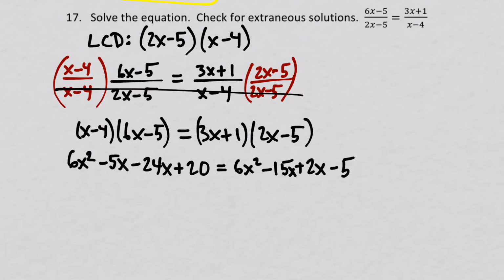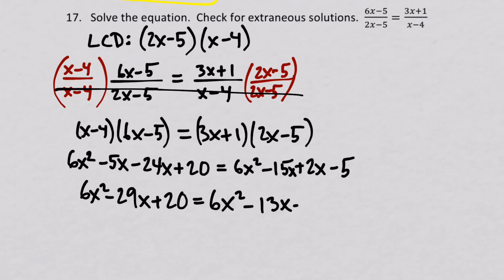What's going to happen here is the negative 5x and the negative 24x are going to get together. So it's going to be 6x squared minus 29x plus 20 equals 6x squared minus 13x minus 5.